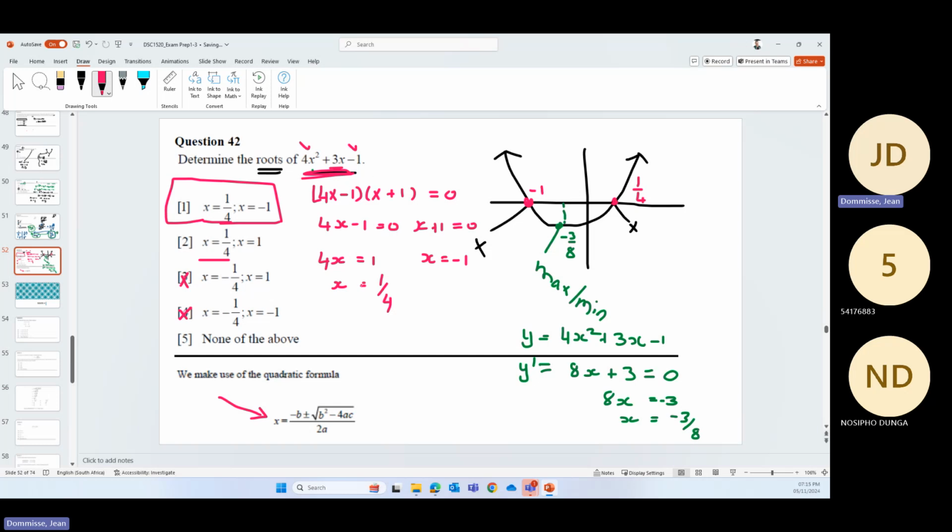When we work out the roots, we must just solve for x. This could have been exactly a question where that is equal to 0 and they say solve for x. That is exactly the same as working out the roots of x.